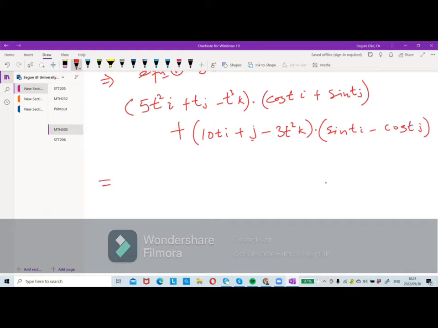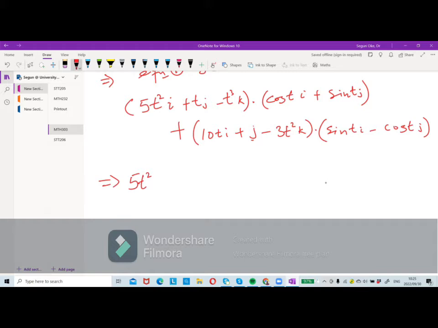So let's make the dots. Remember, from the knowledge of dots, you use the coordinates to match each of them: i multiplied by i, j by j, and k by k. So i to i, we have 5t squared.